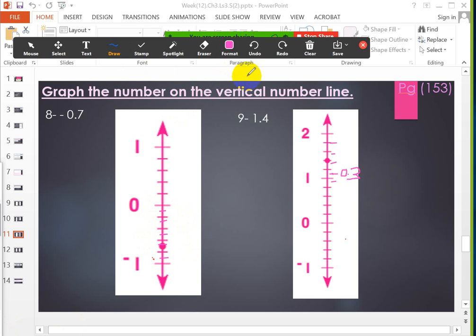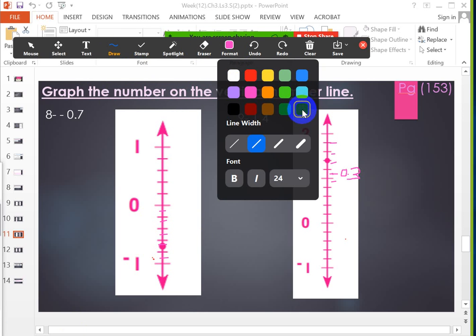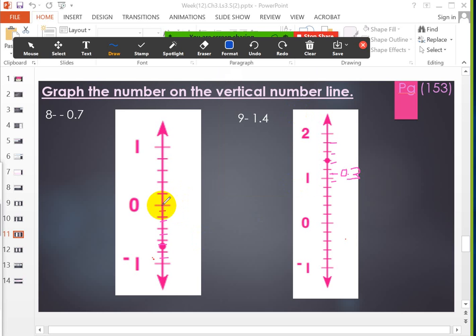So the number will be where, let's see, from 0 I will count 7 down: 1, 2, 3, 4, 5, 6, 7. This point, okay? It will be negative 0.7.